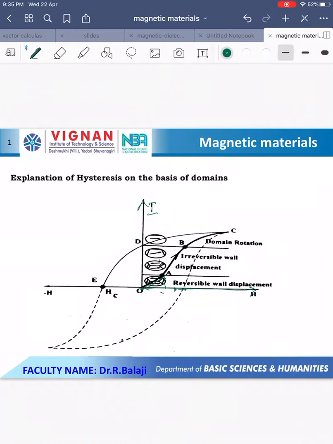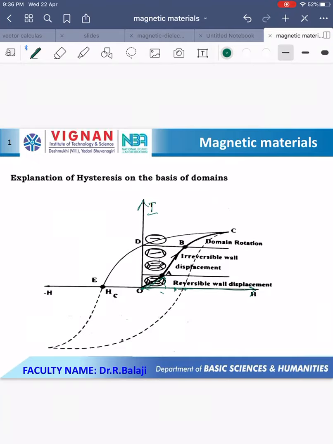When a small external field is applied, the domain walls are displaced slightly. This gives rise to small magnetization.